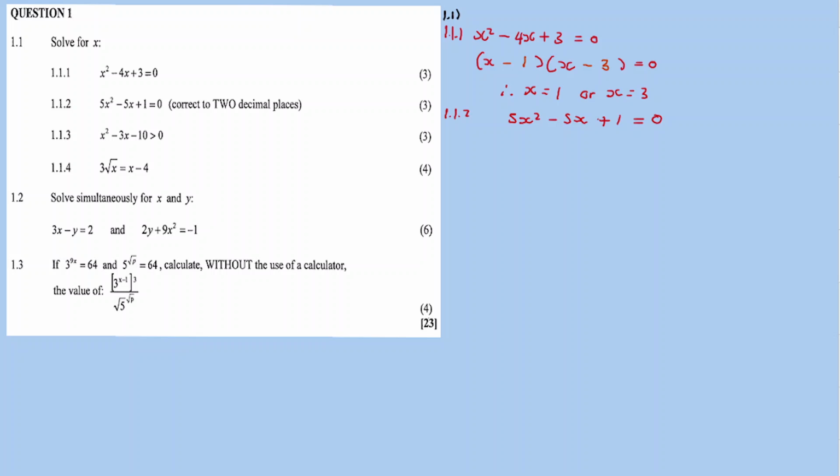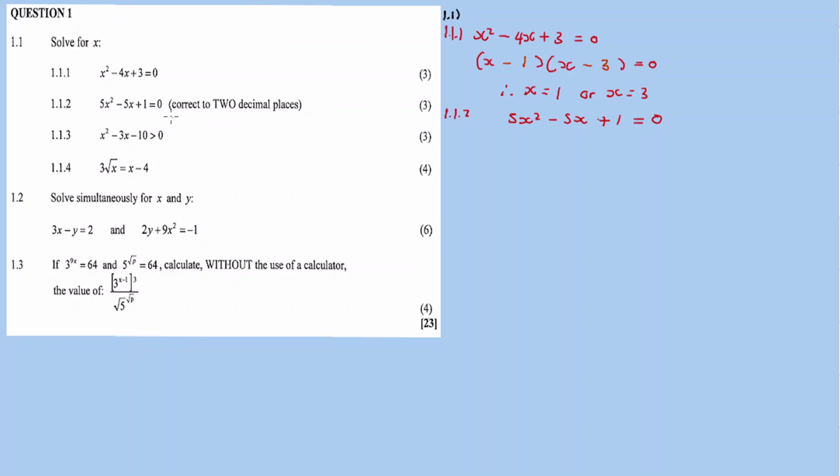1.1.2, it's a given. Use the quadratic formula because they say correct to 2 decimal places, and the factoring method doesn't allow you to find roots of an equation that are irrational numbers, right? The factoring method lets you find factors whenever your roots are rational numbers.